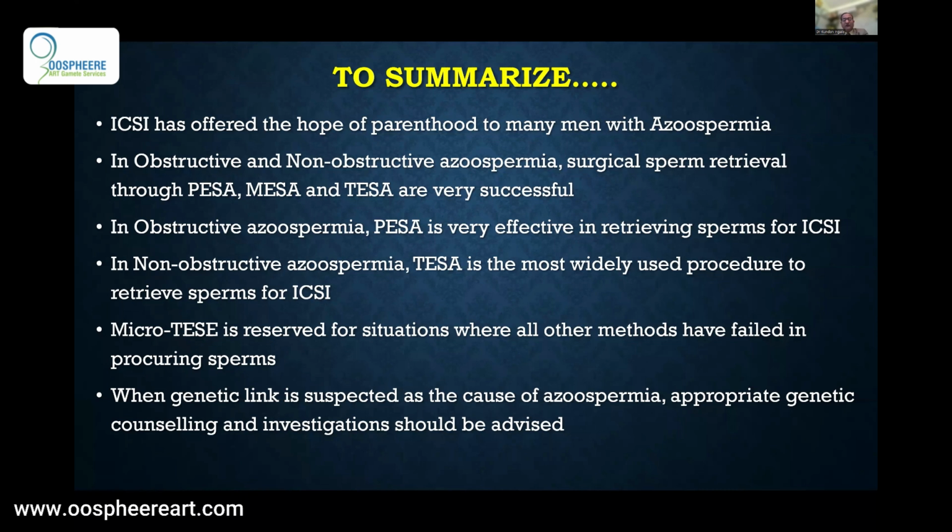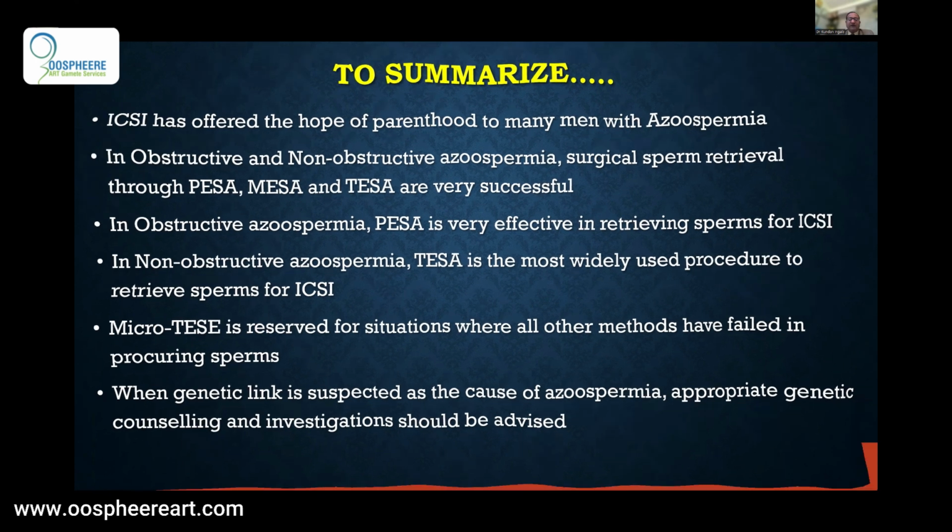In non-obstructive azoospermia, TESA is the most widely used procedure to retrieve sperms for ICSI, but with recent evidence, micro-TESE is reserved for situations where all other methods have failed in procuring sperms. When a genetic link is suspected as the cause of azoospermia, appropriate genetic counseling and investigation should be advised.